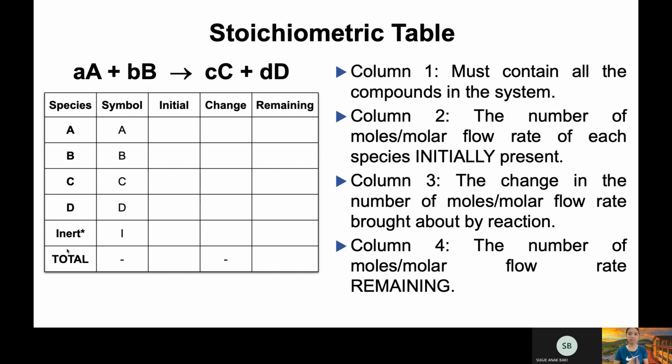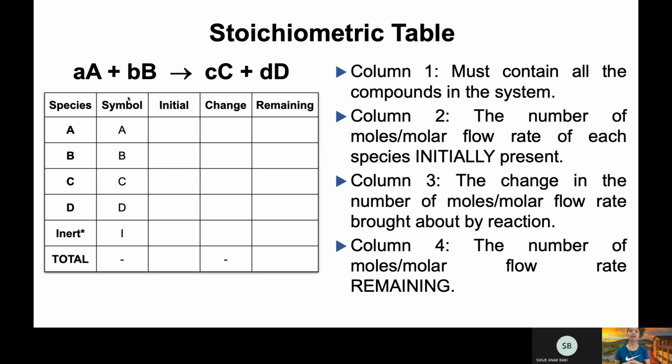Okay, so that's for the species. Next, symbol. So after this, we will convert this real chemical compound into symbol. A, B, C, and D. So for example, let's say the reaction is N2 with H2 to form NH3. So you will put species N2, symbol A, H2, symbol B, NH3, symbol C.